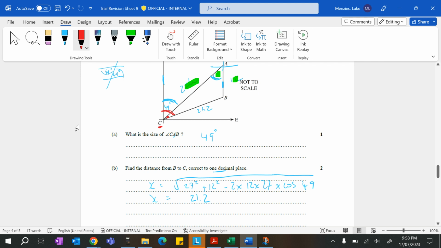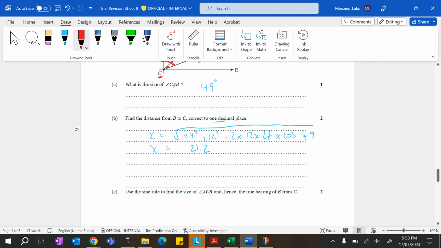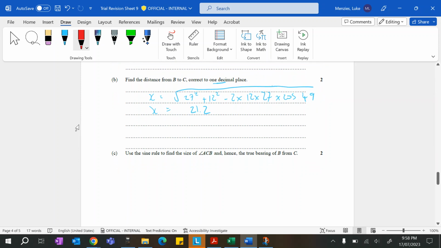So we're going to use the sine rule, the one on your formula sheet. I'll have the angle on top: sine A over A is equal to sine B over B. You can do it the other way if you want.